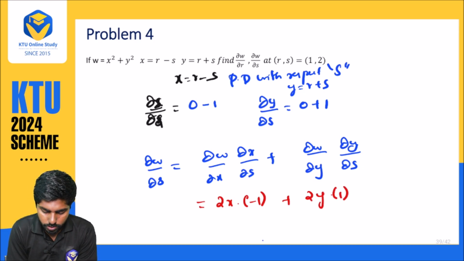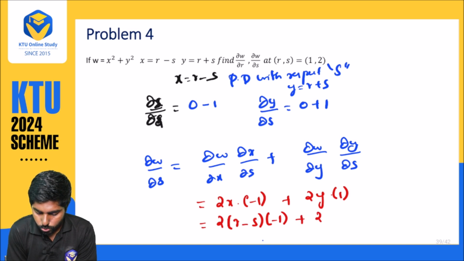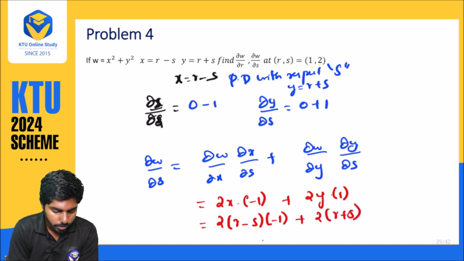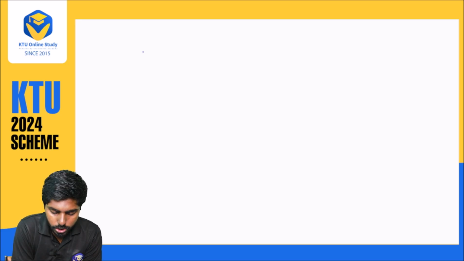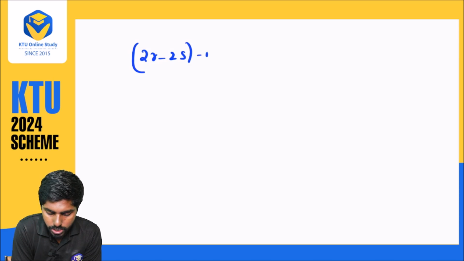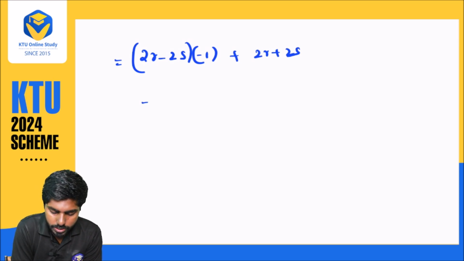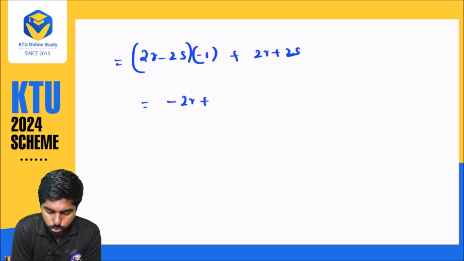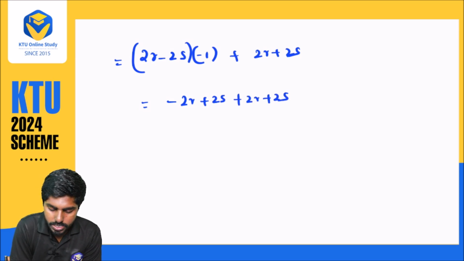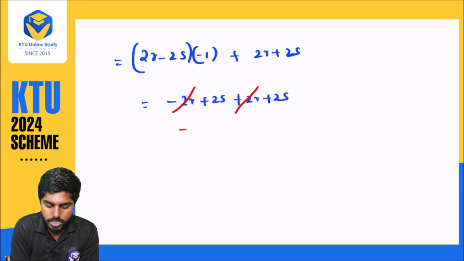So x is nothing but 2r minus x into minus 1 plus 2 into r plus x. So we will be getting 2r minus 2x, outside negative is there, so negative minus 1, plus here we will be getting 2r plus 2x. So that is nothing but minus 2r plus 2x plus 2r plus 2x. So we can cancel plus 2r and minus 2r. What is left is 4x.